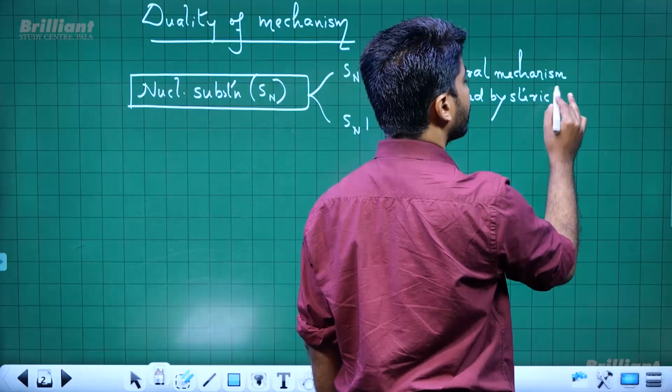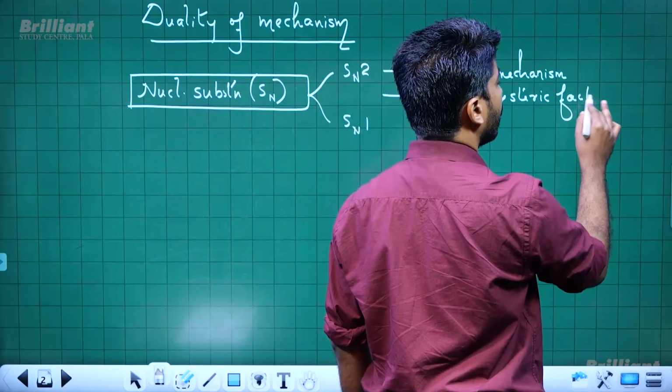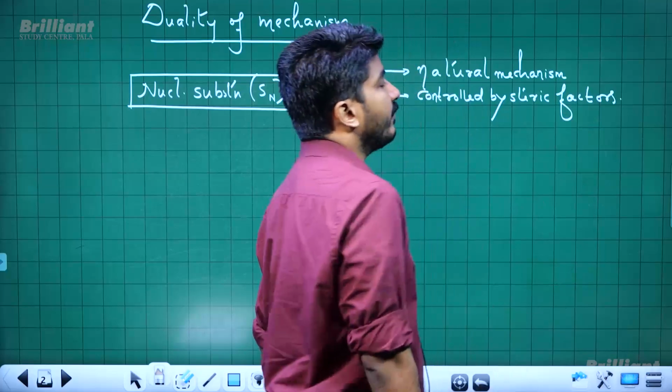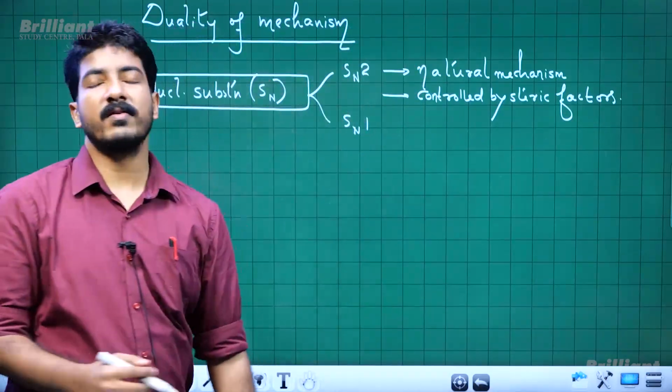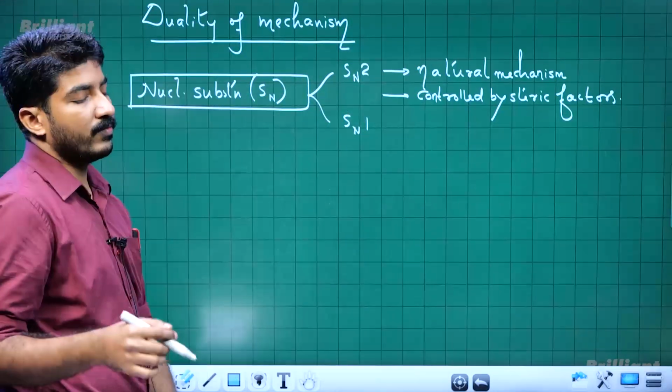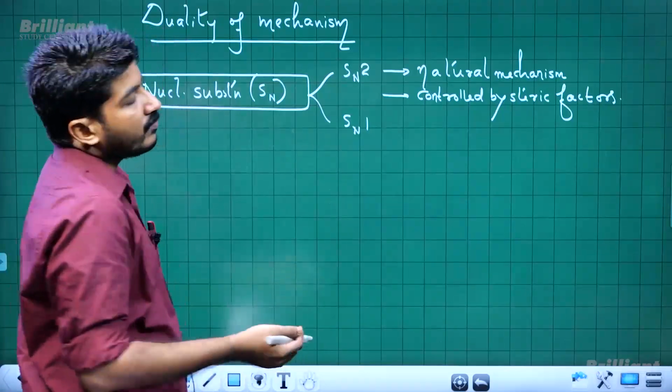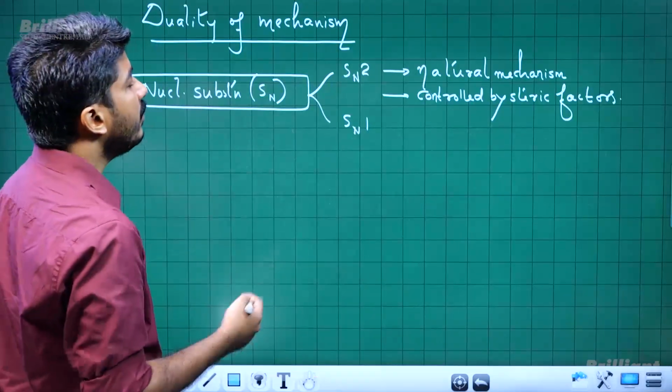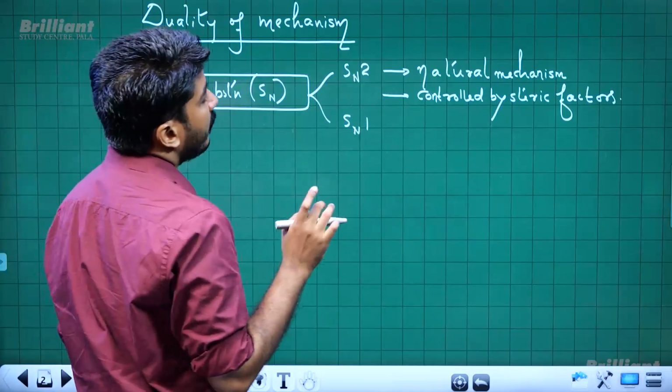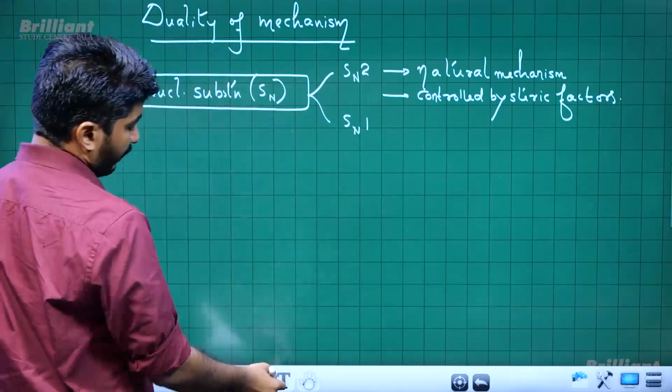If steric hindrance is low, then SN2 is very feasible. If sterics is very high, then it is not possible. So it is mainly driven by only one factor, that is the steric factor.